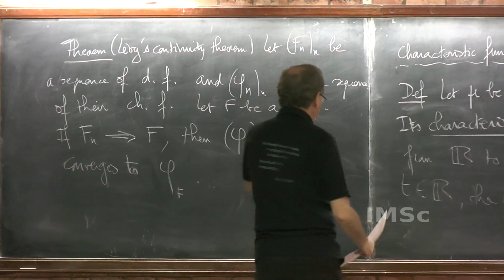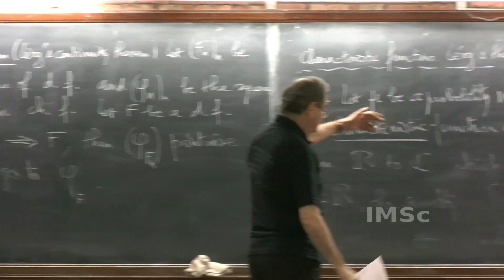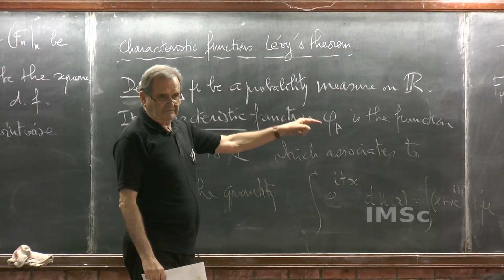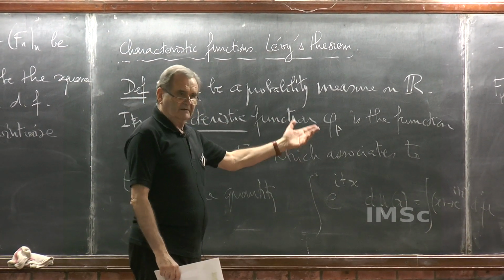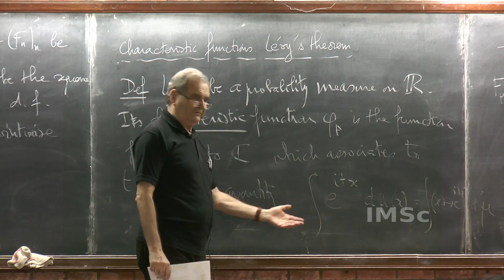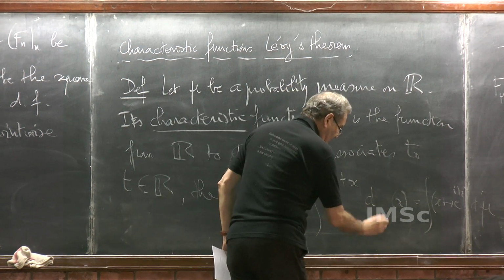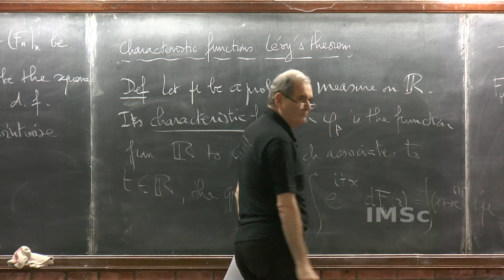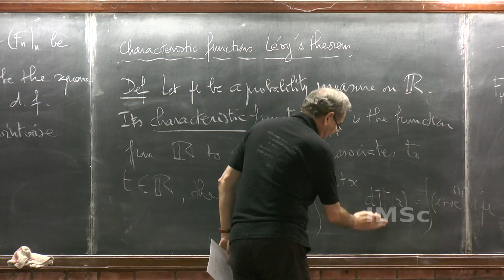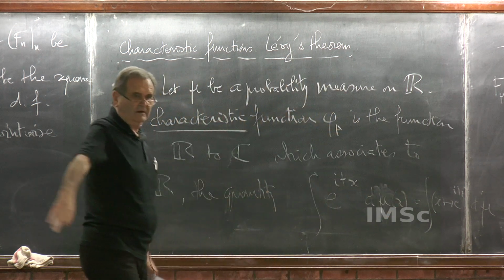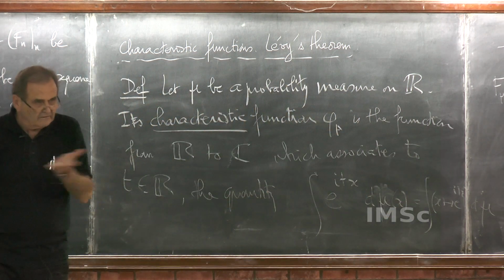I should also say what the characteristic function of a distribution function is, and it will be the same thing, because instead of saying d mu, it is even easier, I would say d F mu. Either you see it as a measure on R, or you see it through its distribution function.